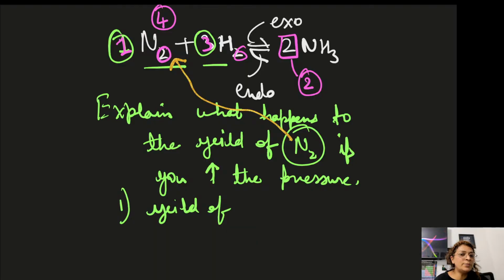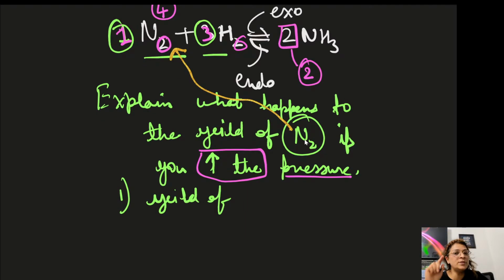So if you increase the pressure, please type in the chat, where will the equilibrium shift? To more number of moles or to lower number of moles? Come on, only a couple of people are responding.